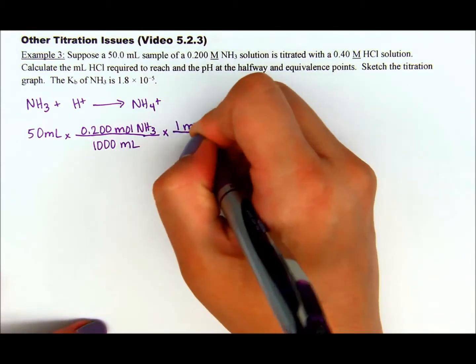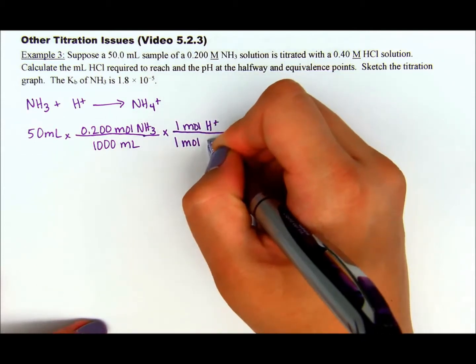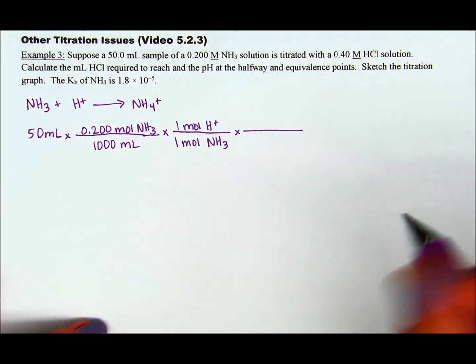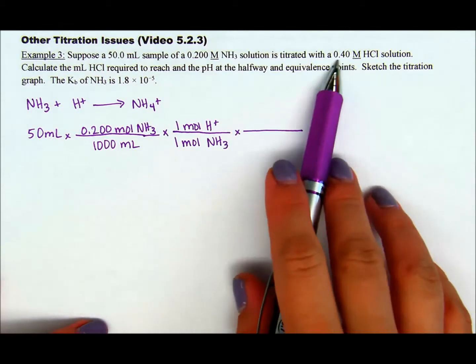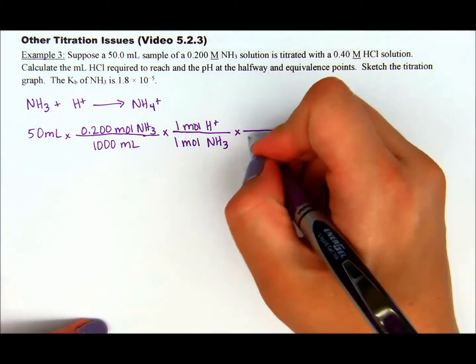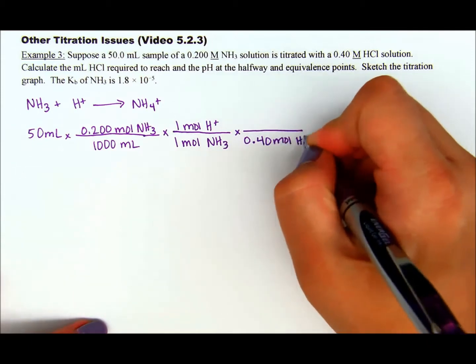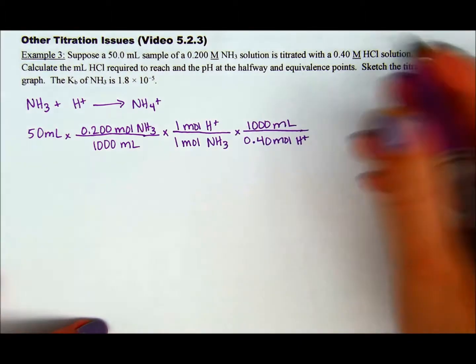So 1 mole H+ is all it takes to neutralize 1 mole of ammonia. And then, of course, I have the concentration of my acid. That's 0.4 molar. So I know I need 0.40 moles of H+ for every 1,000 milliliters.